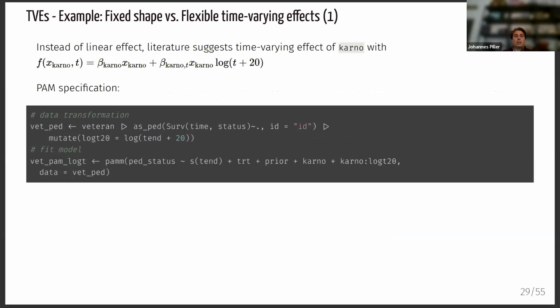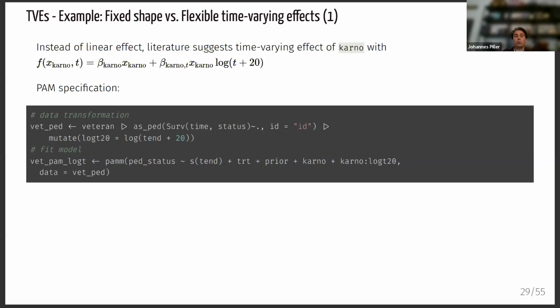Here, especially in this case, the literature suggests that we have this delay of 20 days, and the time dependence is logarithmic. So extensive literature has built up this theory that our Karnofsky score interacts with a delayed logarithmic timescale, basically.